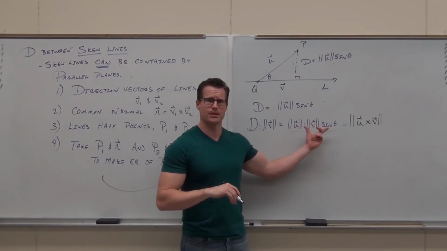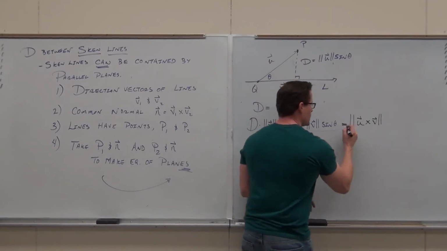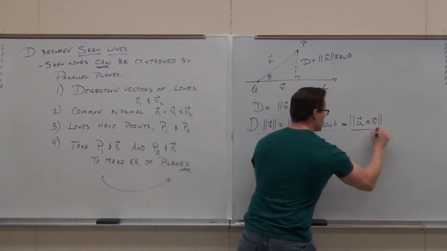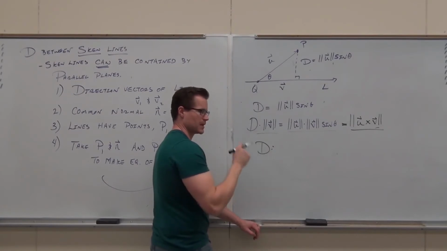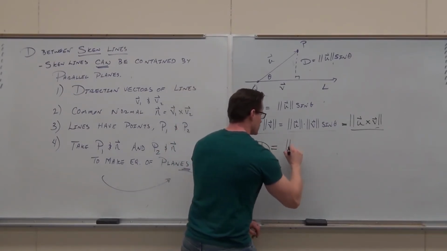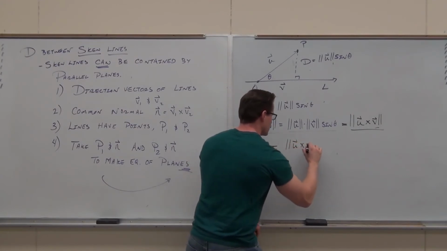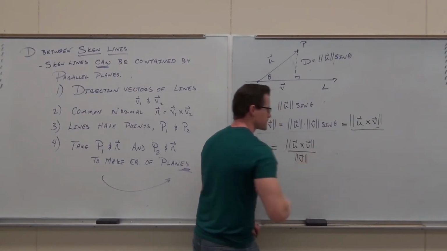This is a number. So it can't be the cross product, but it's the magnitude of the cross product. If I divide both sides by the magnitude of v, the distance between a line and a point is that.